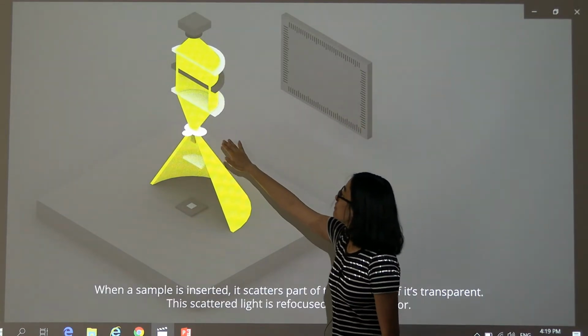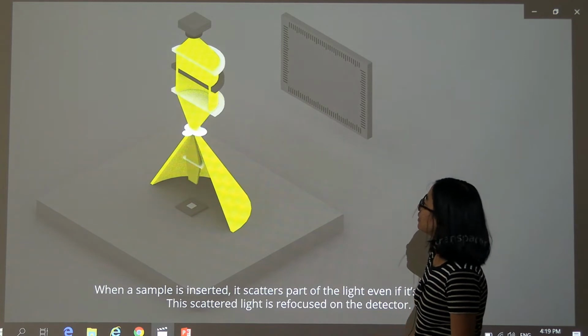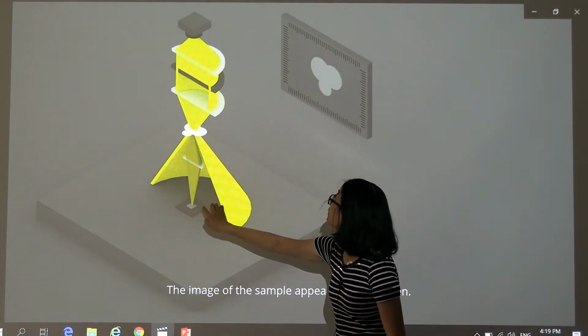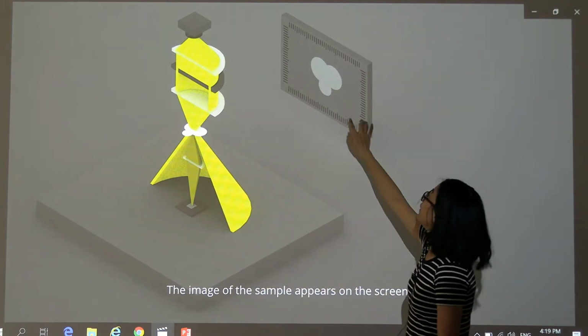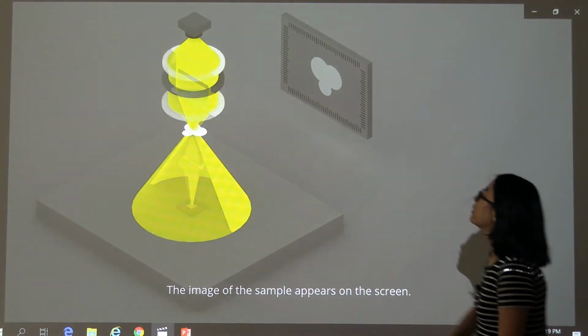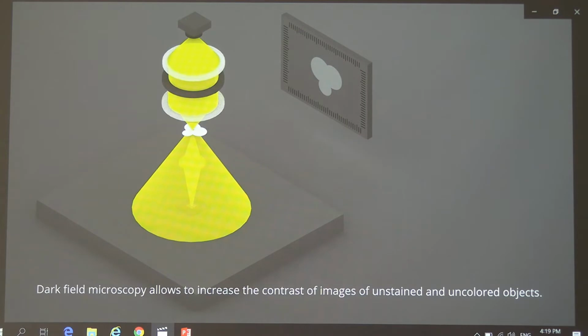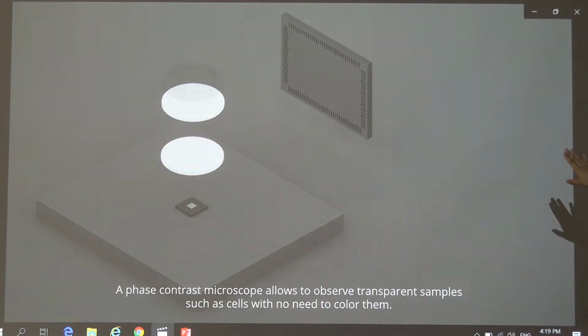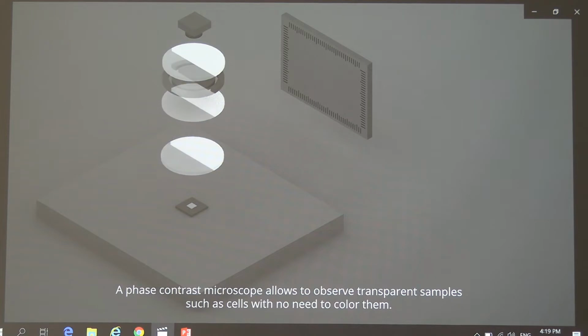The specimen is inserted into the light path, and it's focused on the imaging plate, and you can see the image here. This happens also for phase contrast, so try to focus on the changes in the light and also what happened on the imaging plate.